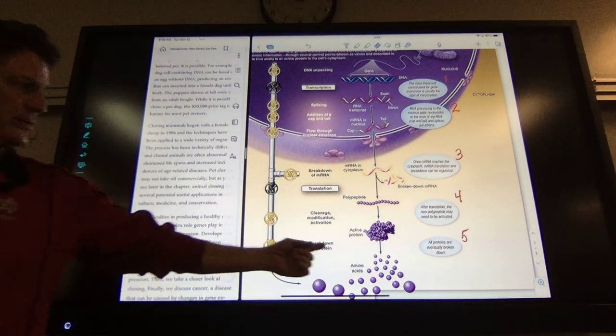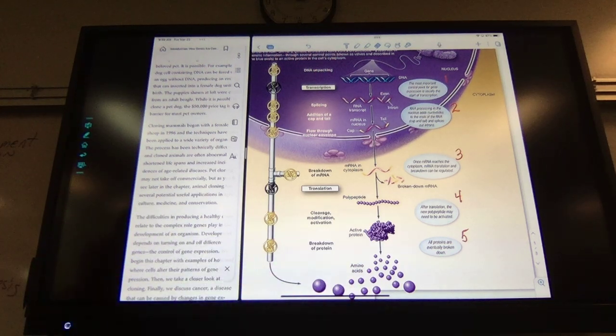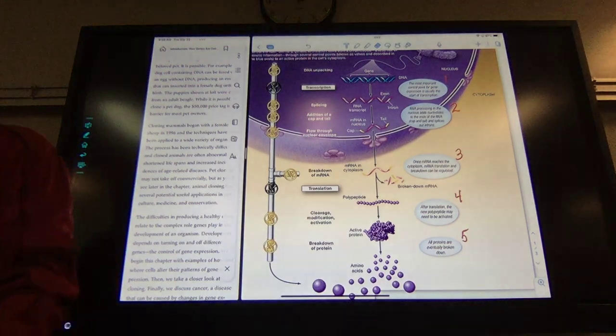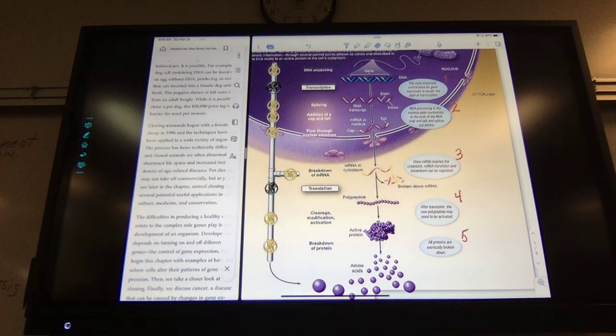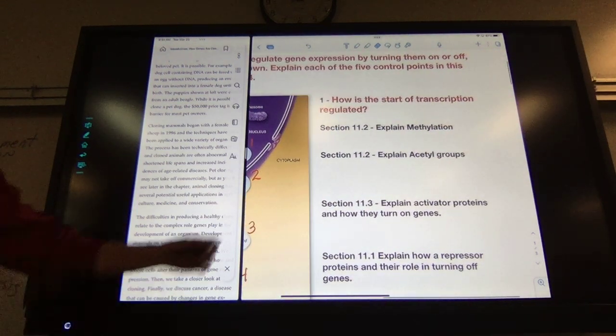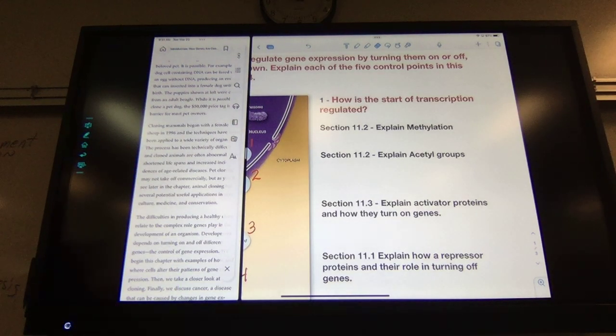The building blocks of proteins, these amino acids, they're in short supply, so they might have to be recycled and also held onto until you really need the protein. So we're going to go over these 5 basic ways that the cell is going to control it. So you see the numbers, 1, 2, 3, 4, 5? And then the notes are 1, 2, 3, 4, 5. So do you see the overall scope of that?